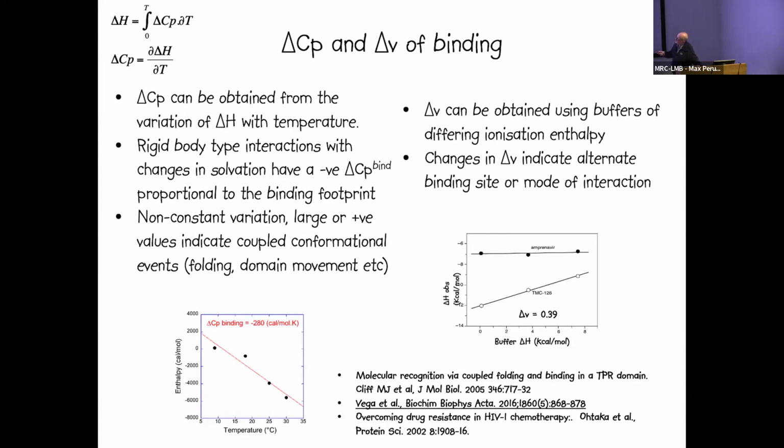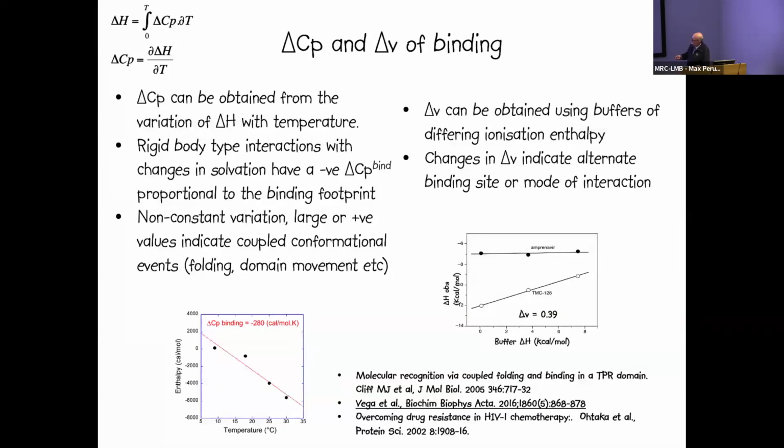So if we measure enthalpy over a series of different temperatures, then we can get the delta Cp for the interaction. This can be interpreted to some extent for a rigid body type interaction, and they typically have negative delta Cp's of binding. We can get the numerical value just by measuring the enthalpy, say in our ITC, at a series of different temperatures, and the slope of this plot is going to give us the delta Cp.